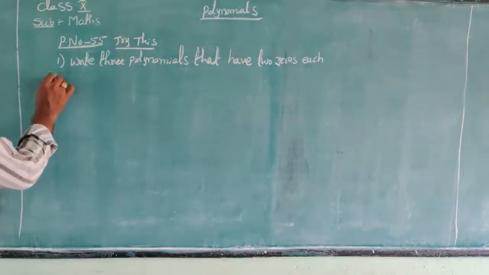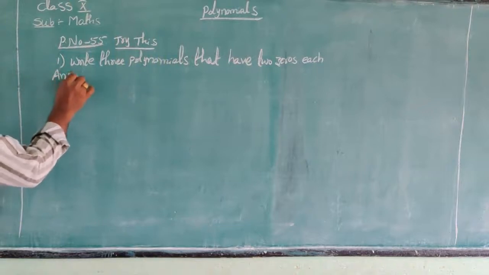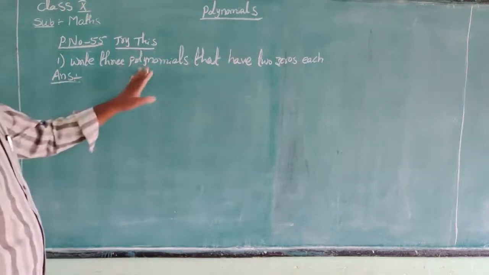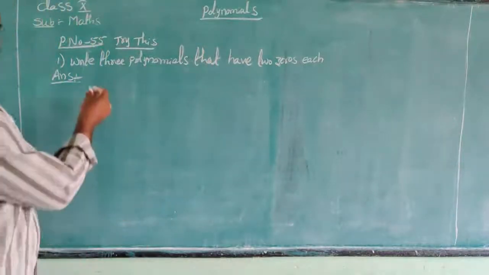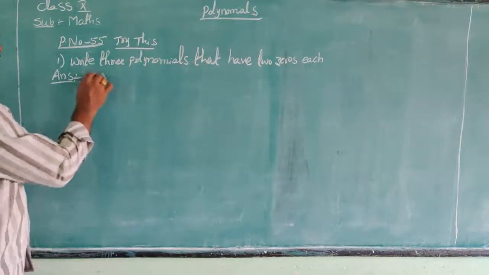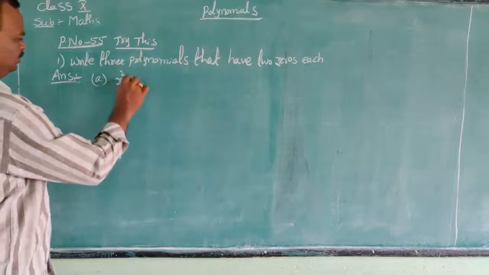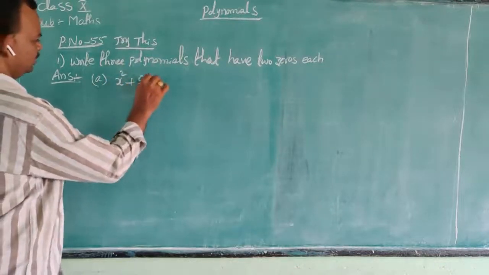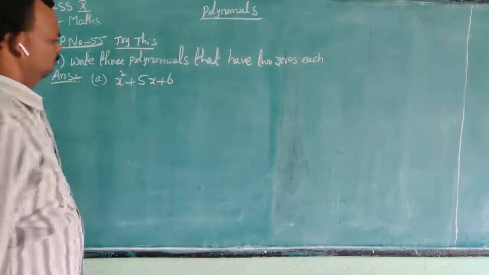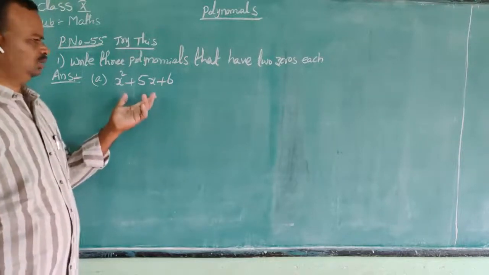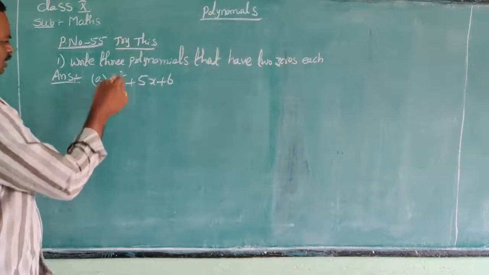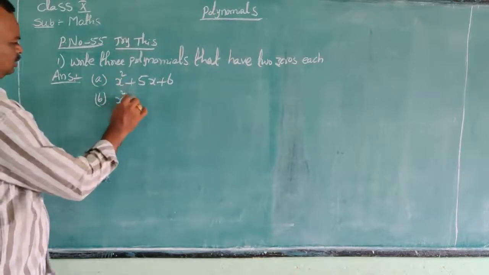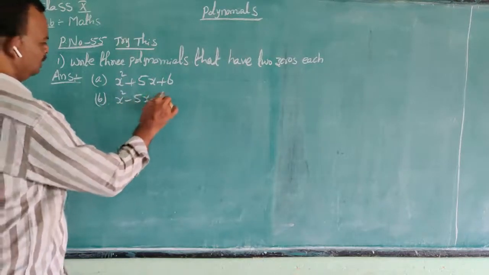Here the answer is: the first one is x square plus 5x plus 6. And the second one is, already we have drawn the graph, x square minus 5x minus 6.